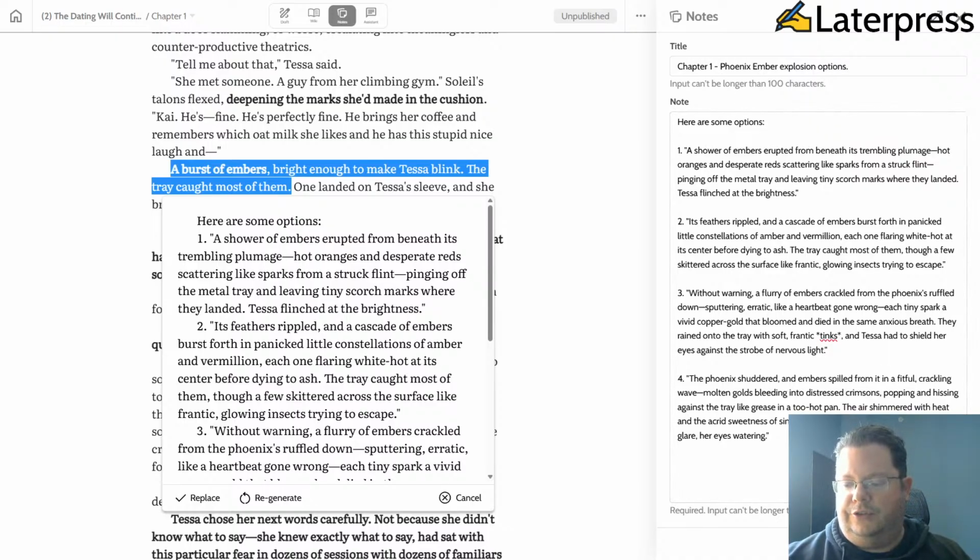And I can save this note so I have all of these to refer back to later. I didn't like the insects one. Because I think there's elements of each of these that I would like.